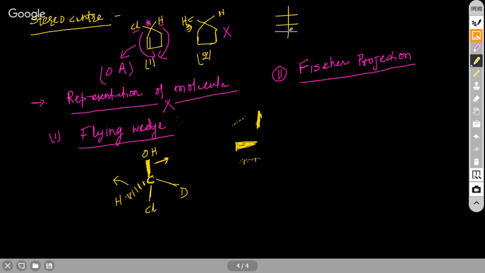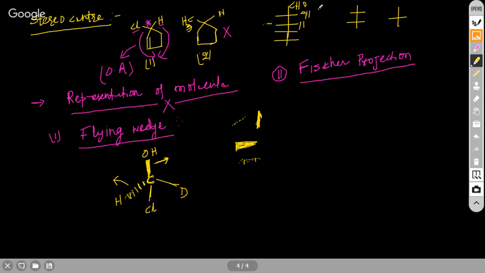Horizontal bonds, like this, where we have CHO present, OH, then H, OH. The point is, whether we have two chiral centers or one, you must have seen this kind of structure, right? So this representation, the cross representation we have, is the Fischer projection.